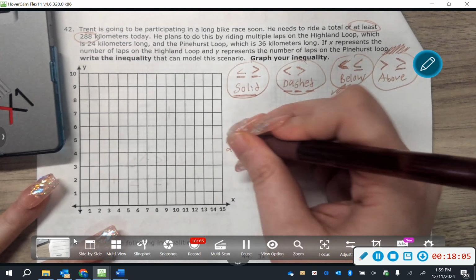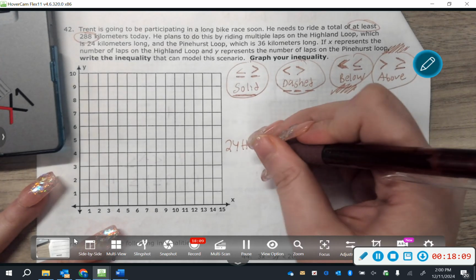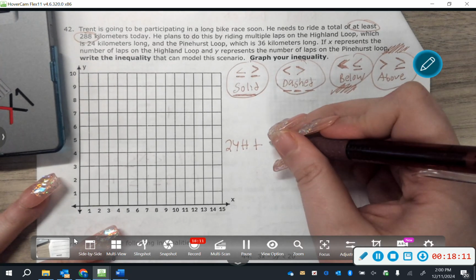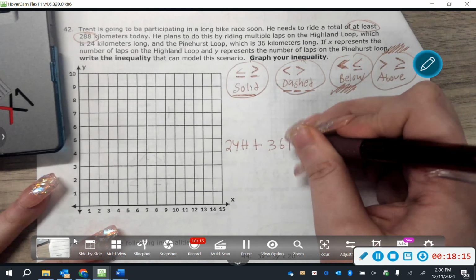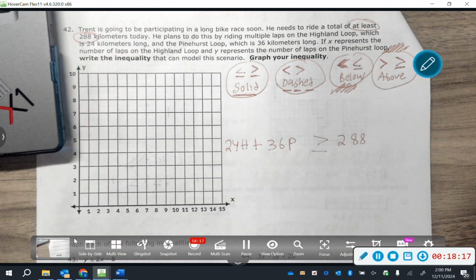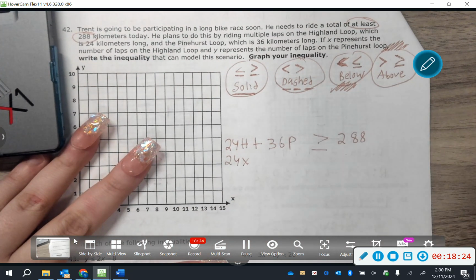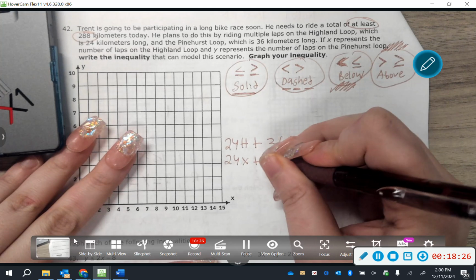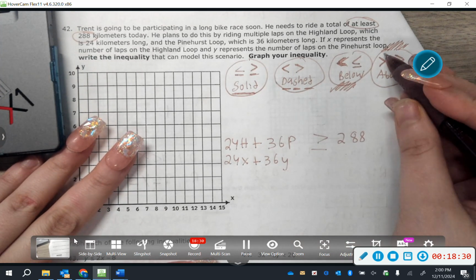So 24, and put H for Highland Loop. Plus, he's doing the Pinehurst Loop, which is 36 kilometers long. 36 P. If X represents the number of laps in the Highland loops, so 24 X, plus 36 Y, where Y represents the number on the Pinehurst loop.